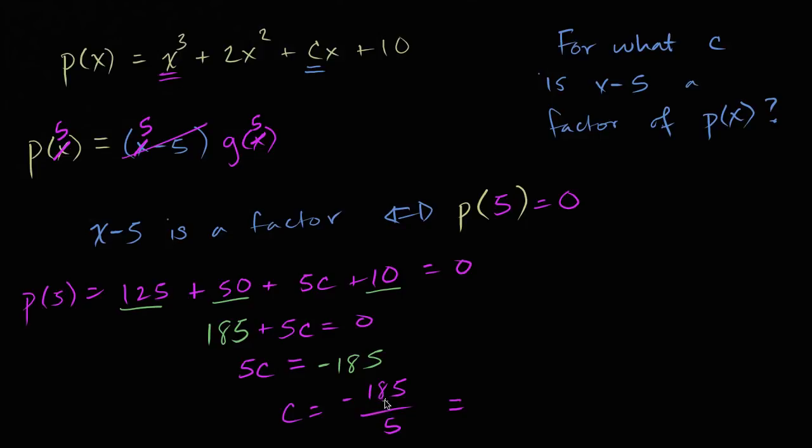It's going to be 30, since 5 times 30 is 150, and then we'll have another 35 to go. So it's going to be negative 37. Is that right? 5 times 30 is 150, 5 times 7 is 35. Yep, negative 37. And we're done. If this was x to the third plus 2x squared minus 37x plus 10, then x minus 5 would be a factor of this polynomial.